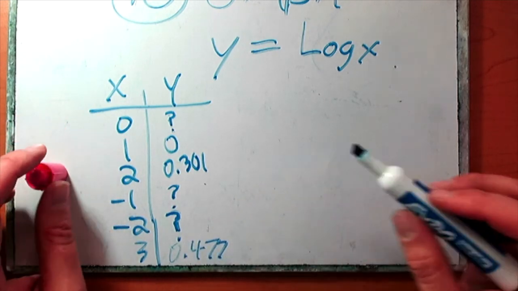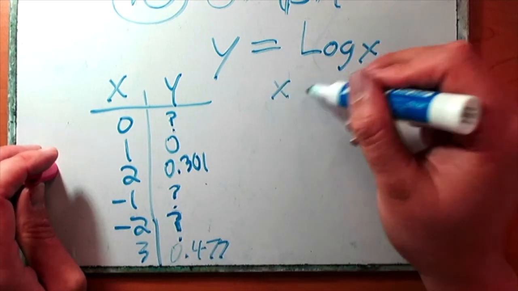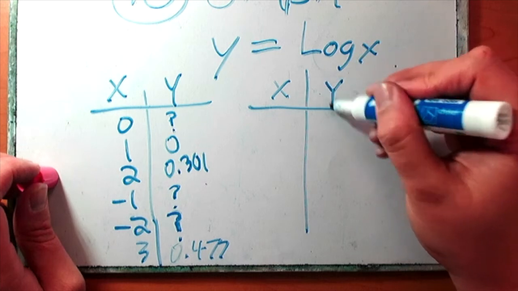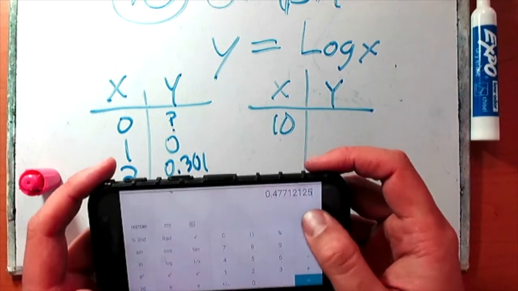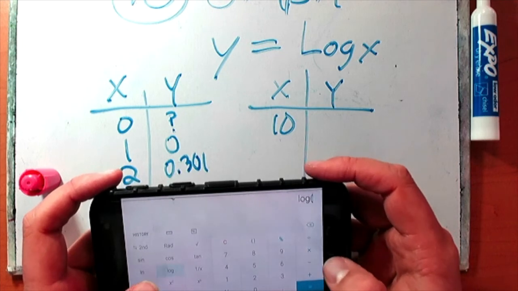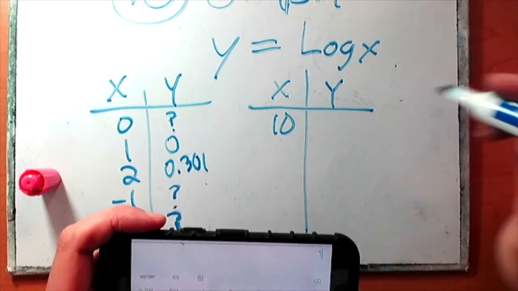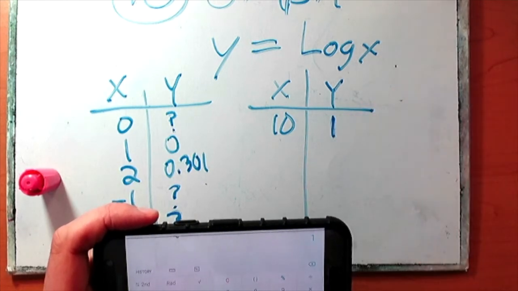All right, well, maybe we need to pick something a lot bigger. So let's try x is 10. So we pull that back. We say log of 10 equals 1. Oh, right. Okay. Oh, yeah, that makes sense.